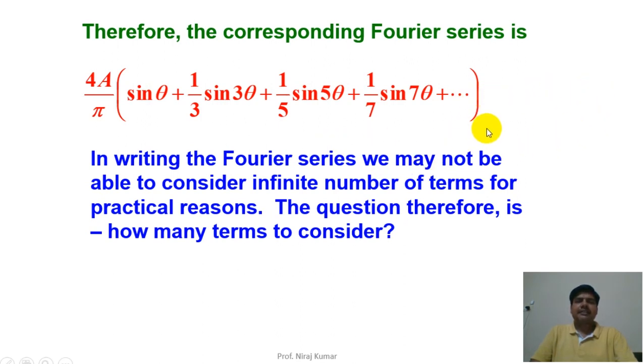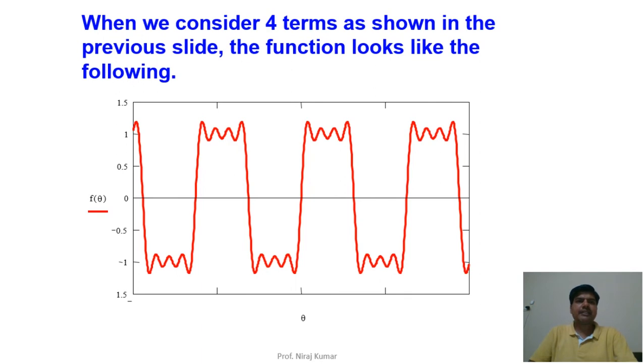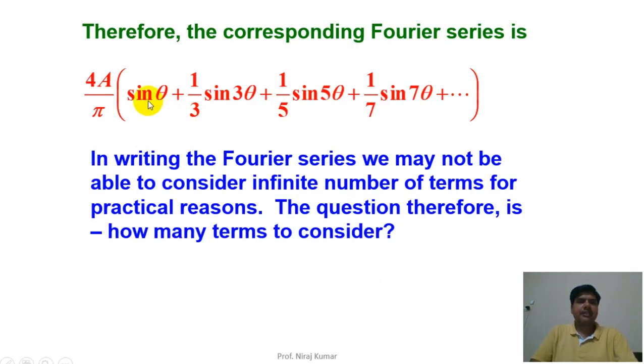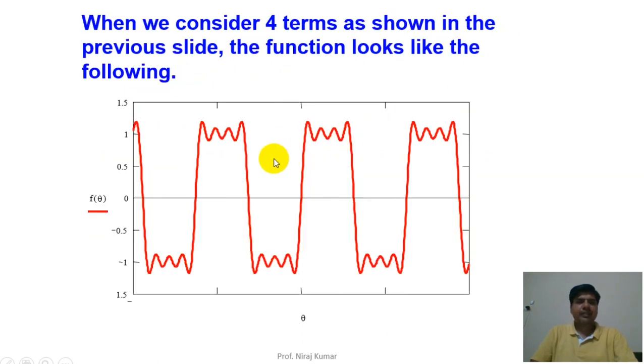So let us take a few terms of this infinite series and see how it affects the original square wave. So let us consider four terms. If we take four terms here, that means the first, second, third and fourth. These four terms, then we will get a function like this.